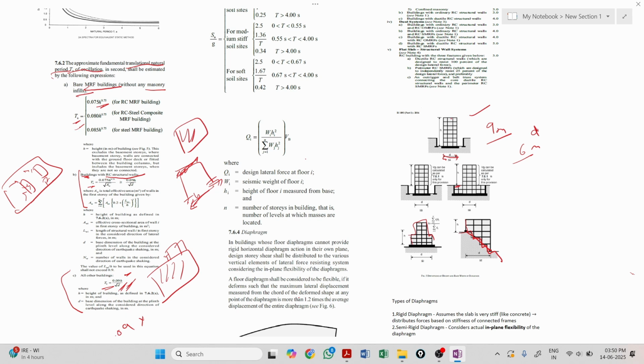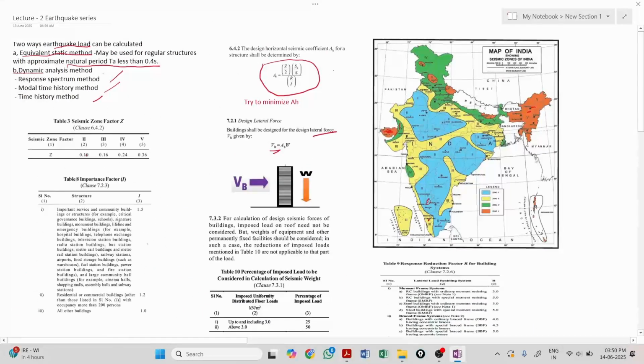I get around 0.33. So if I'm getting 0.3, that means it is less than 0.4. Correct? In that case, because it is less than 0.4, we are going to follow this method.